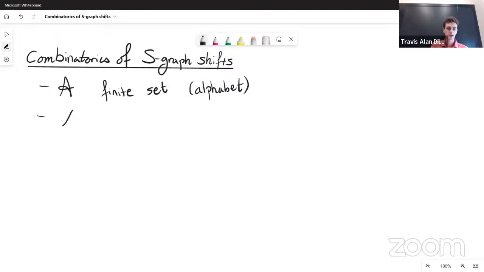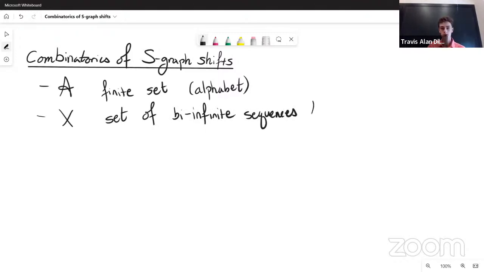And then we're going to have another set X, which is some set of bi-infinite sequences with letters from our set A. So what that means is that an element of X is just a sequence that looks like this, indexed by the integers, where each element is inside our set A.